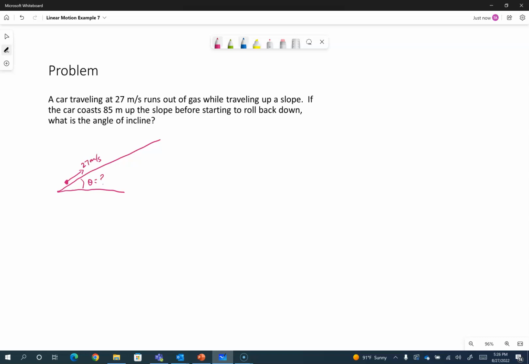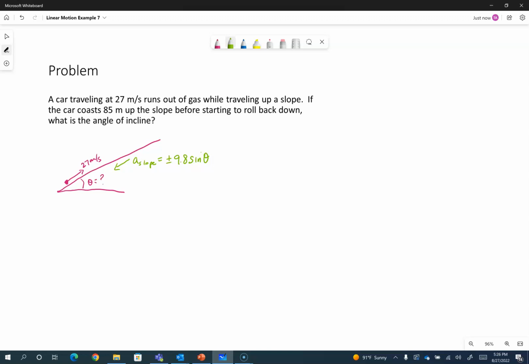We also know that the acceleration along the slope points downwards, meaning down the slope. Our equation for a on a slope, as of now, when we're still ignoring friction, is plus or minus 9.8 sine theta. We'll talk about the plus or minus when we choose a coordinate system.